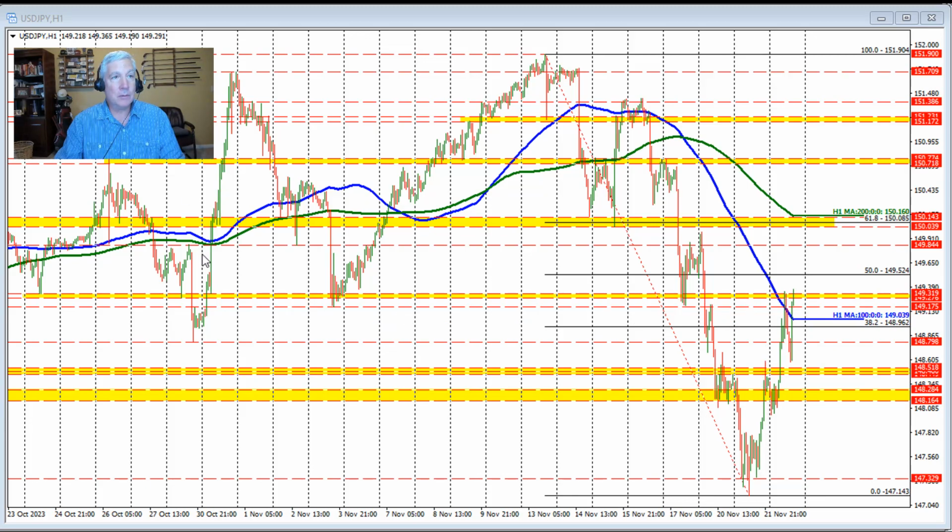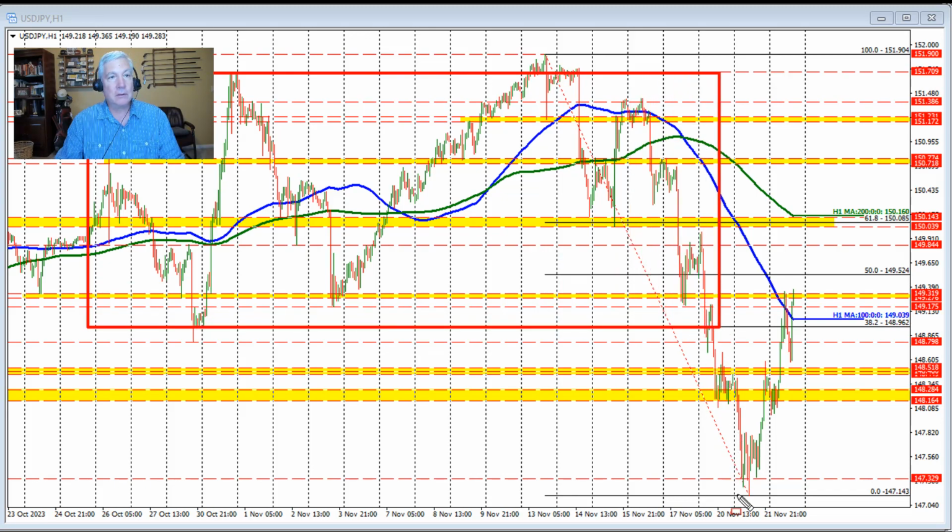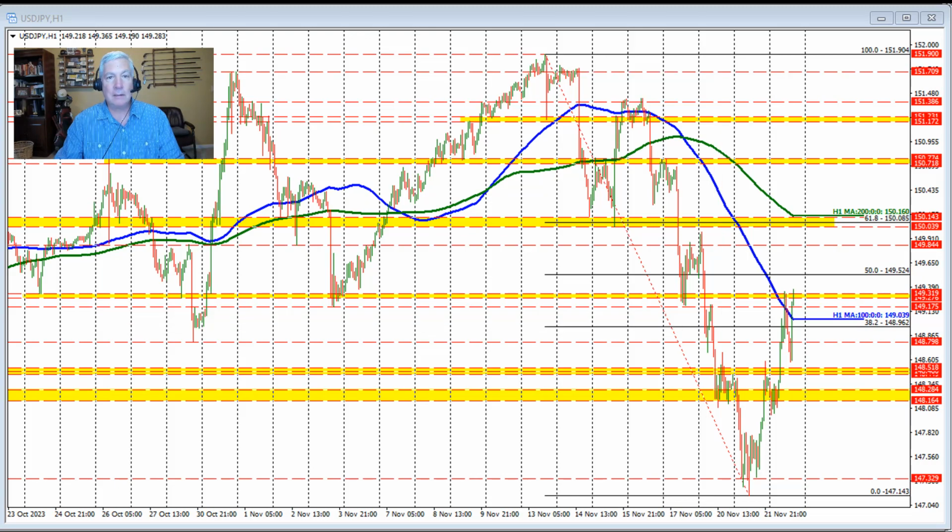Note here that we're also moving back into this trading range, which confined the pair over a long period of time. We broke below it in trading earlier this week, and it looked like the market was heading its way to the downside. But reaching up toward the 50% retracement, that's going to be a key level in trading for both the buyers and sellers. Let's take a look at the sterling versus US dollar next.